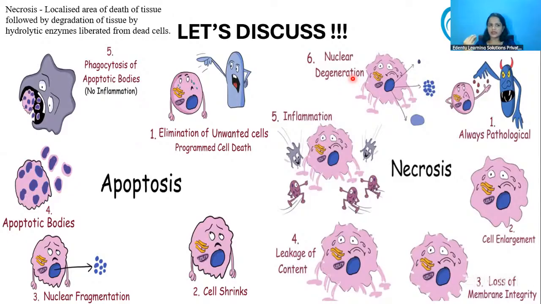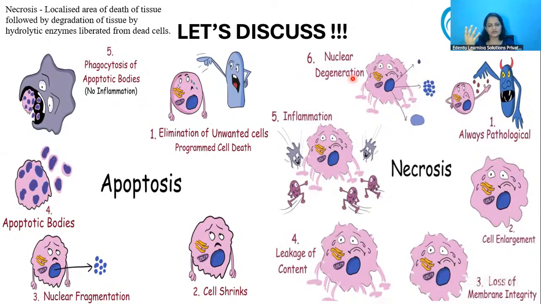But if the injury keeps persisting and keeps on injuring the cell, then it goes into a condition of irreversible cell injury and necrosis. The cell will die because of this persistent injury. Such type of cell death is called necrosis.